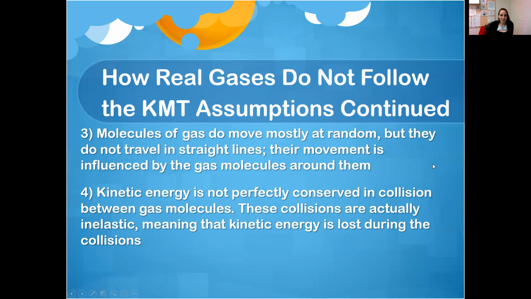Anytime there's an energy conversion taking place, you're always going to have some waste energy. So when those molecules collide, you are going to lose some of that kinetic energy in the form of waste energy, and the molecules will slow down. In order to speed them up again, you would have to increase the temperature to give them some thermal energy. So the collisions are not perfect. They're not elastic, they're inelastic, they will lose kinetic energy.